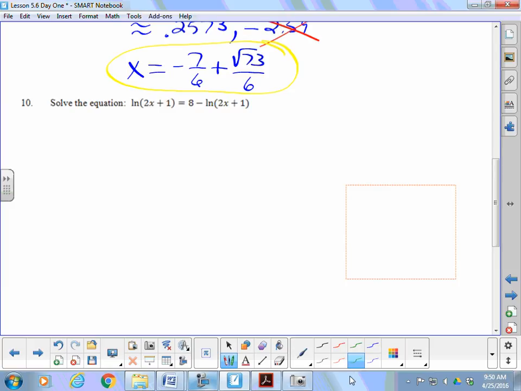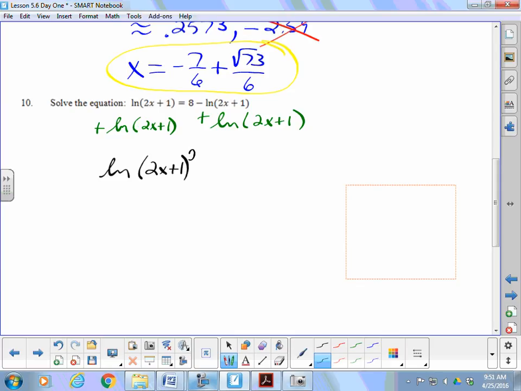We're going to add natural log of 2x plus 1 to both sides so that they're on the same side. And, oh, what do we notice about these two? They're the same. So that means I have the natural log of 2x plus 1 squared equals 8.